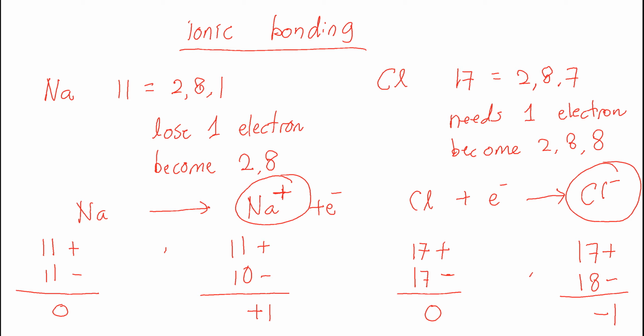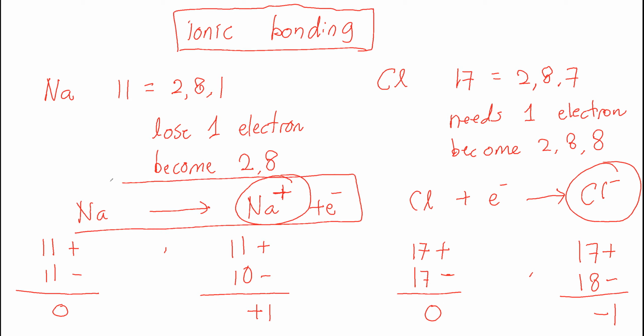So when a sodium atom and a chlorine atom come together, they can form an ionic bond. The sodium will give away an electron, while the chlorine atom will receive the electron, and in so doing, they both become ions.